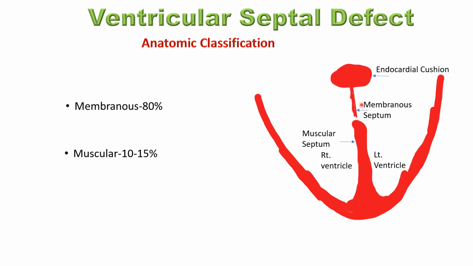And this is the commonest type of ventricular septal defect. Septal defect in membranous part of the ventricular septum. And defect in this muscular part may be multiple, and this septum looks like Swiss cheese if defect is multiple.